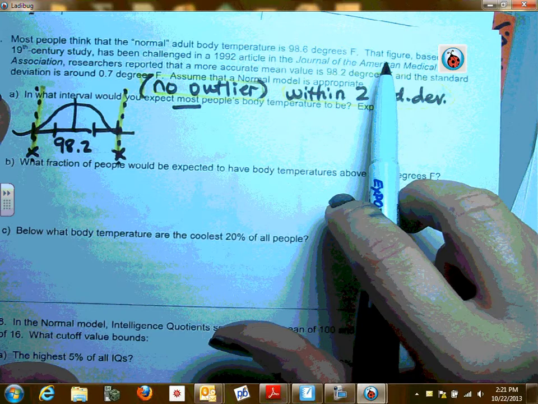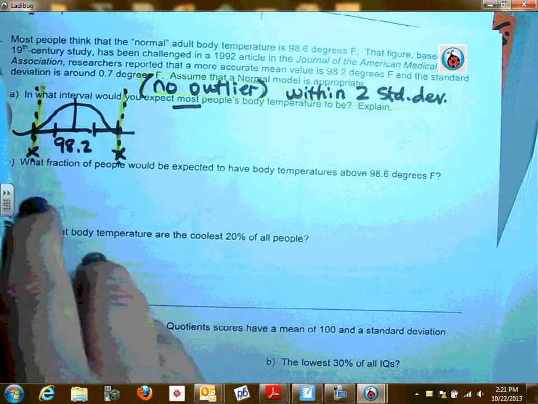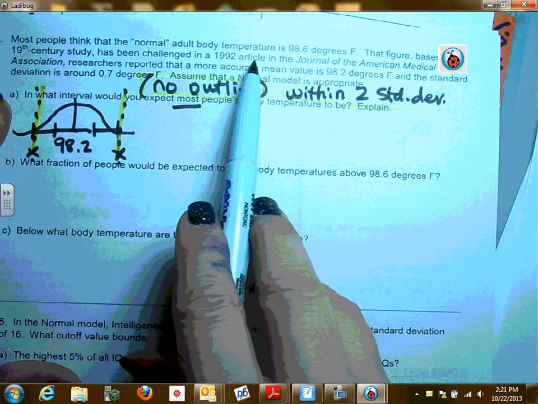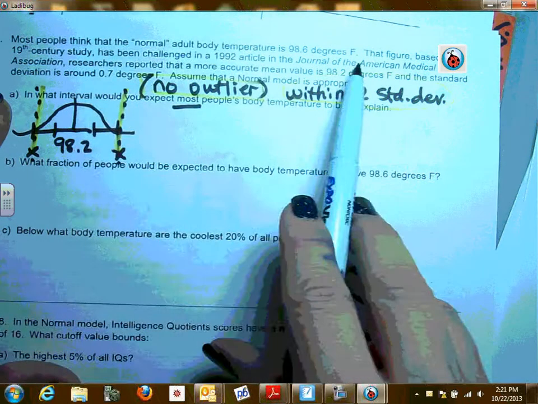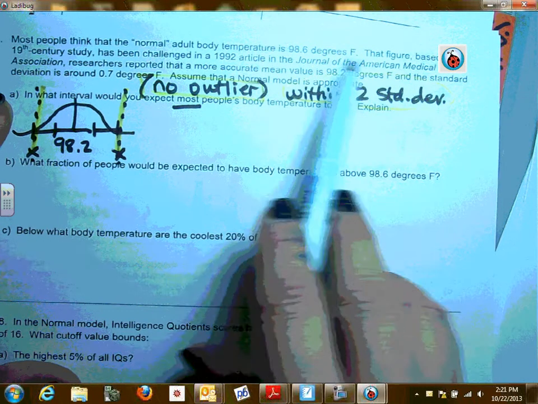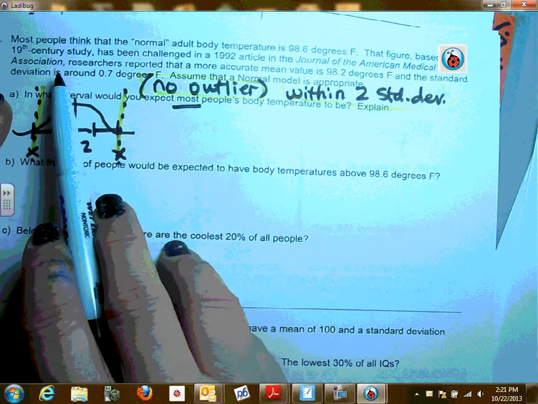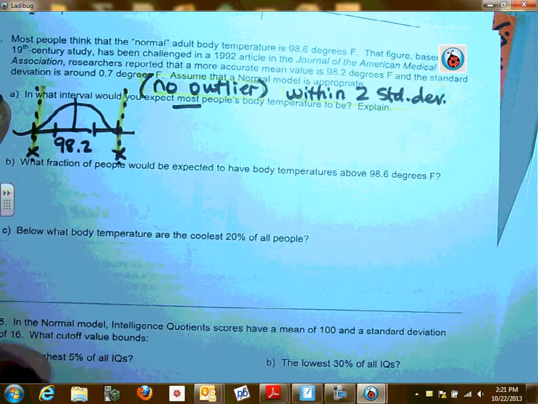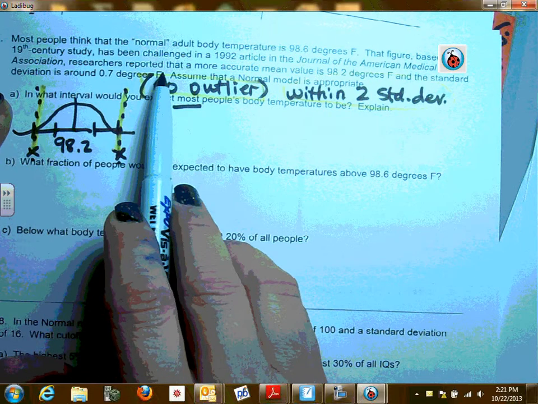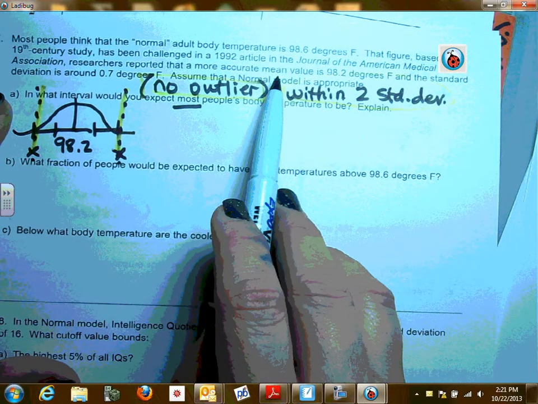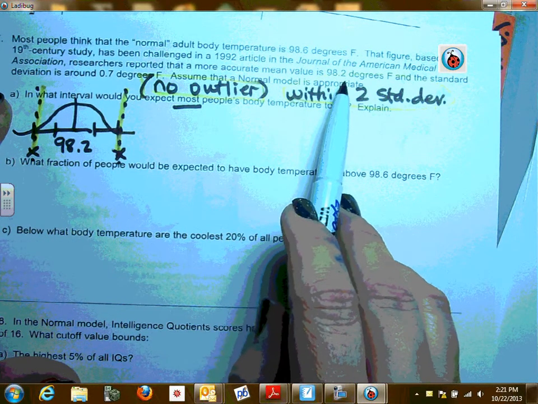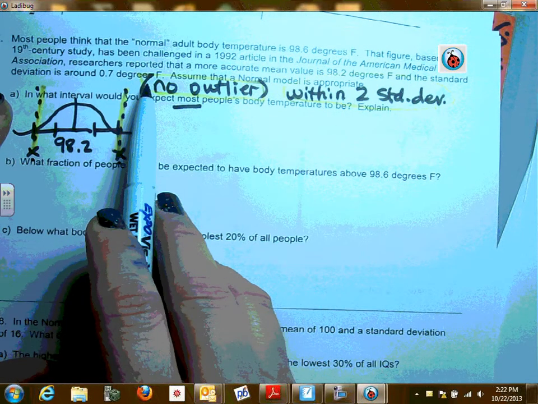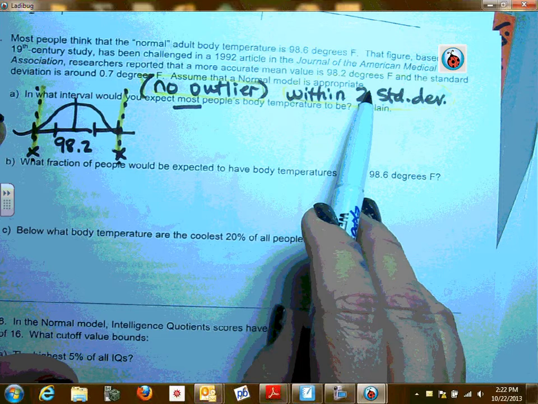That figure is based on a 19th century study that has been challenged in a 1992 article by the Journal of American Medical Association. That's JAMA, a very common medical journal that you would be referencing if you're going into medical school. The researchers reported that the more accurate mean is actually 98.2 degrees Fahrenheit, and the standard deviation is 0.7 degrees. So we're going to assume the normal model is appropriate.